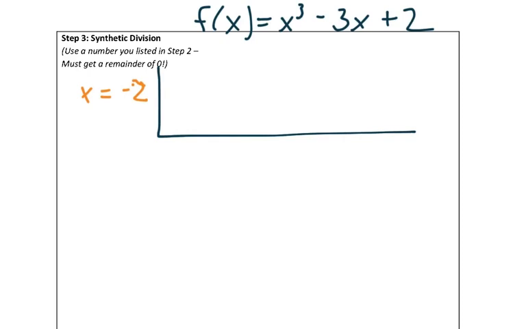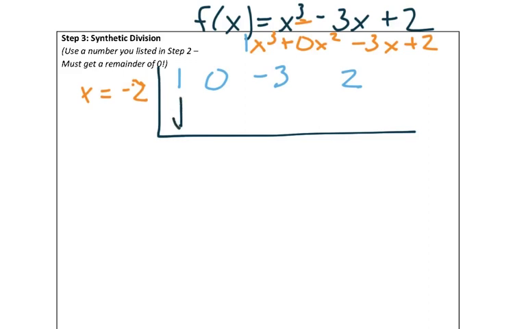Now be careful, because in this problem it starts with an x cubed, but there's no x squared. So I need to have x cubed plus 0x squared minus 3x plus 2. So I would put 1, 0, negative 3, 2. I start by bringing this first number straight down, and then 1 times negative 2 is negative 2. 0 plus negative 2 is negative 2.